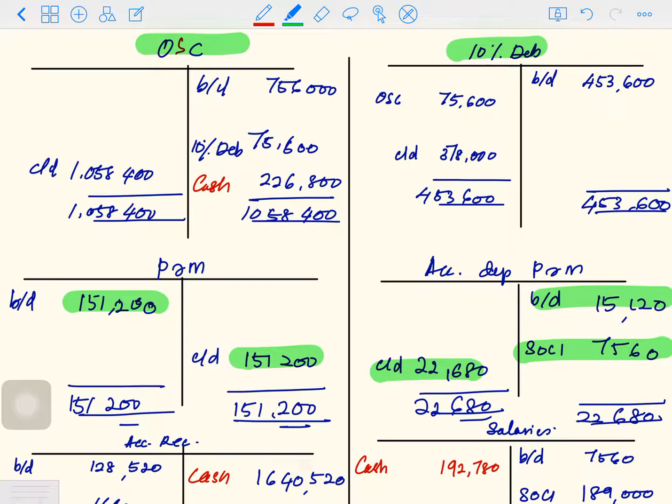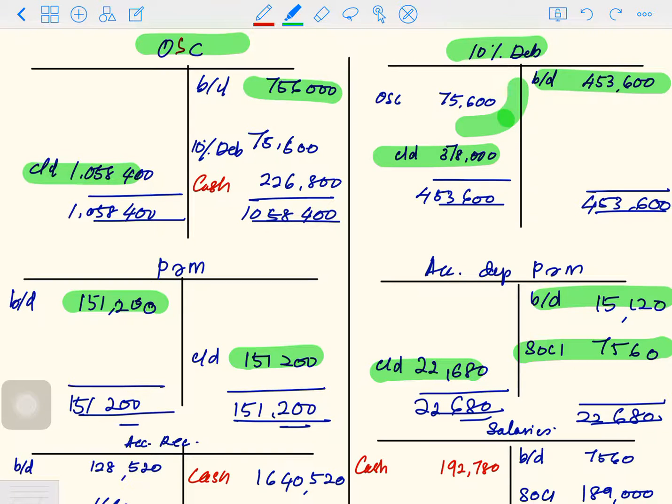Okay, 10% debenture and 10% debenture. The balance brought down, put in the balance brought down and balance carried down for OSC, and also balance brought down and carried down for 10% debenture kan. You put kat dalam tu lah. So for debenture ni dia hanya mention that the difference is because of there is a conversion, and so that means the conversion difference here is 75600.